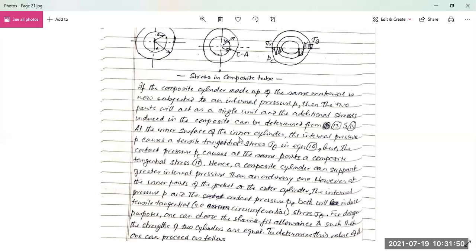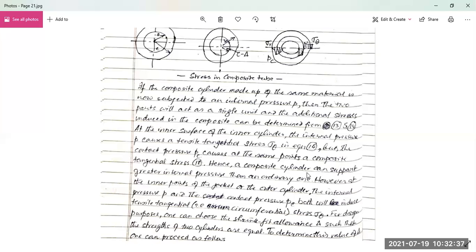At the inner surface of the inner cylinder, the internal pressure P causes a tensile tangential stress sigma theta, but the contact pressure PC causes at the same point in a composite cylinder opposite tangential stresses.